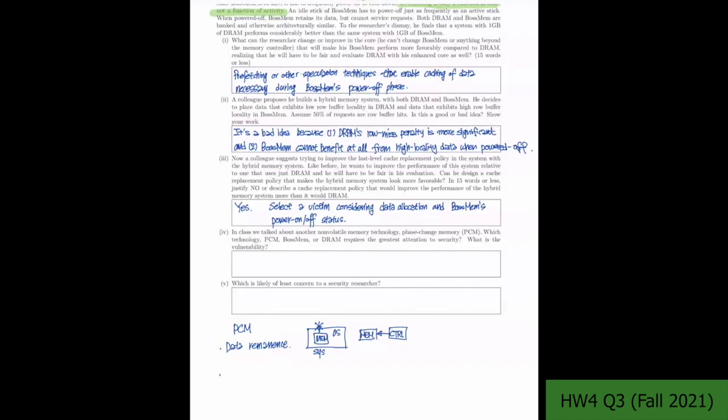And also PCM, as we have learned, has limited endurance, right? It can only endure a certain amount of program operations.